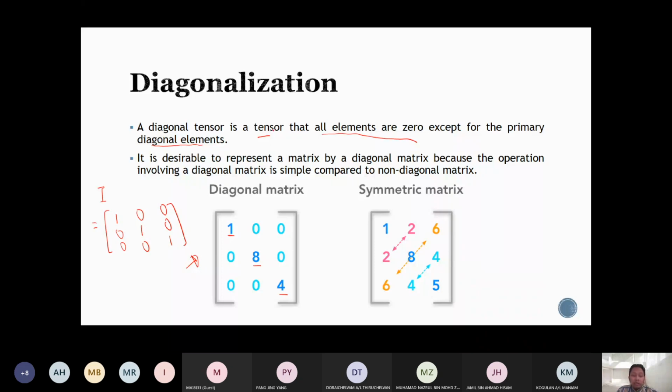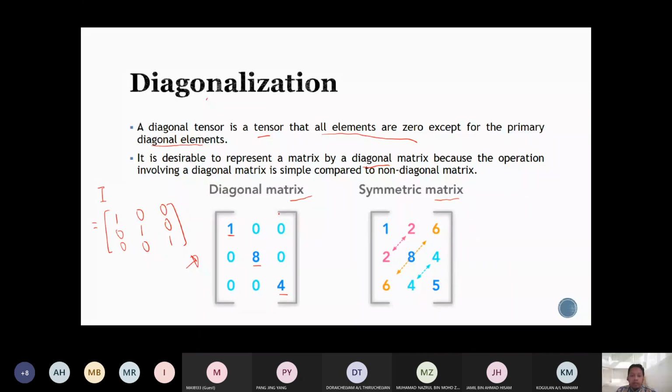Sometimes it is important to be able to diagonalize a matrix. It is desirable to represent a matrix by a diagonal matrix, because operations involving a diagonal matrix are much simpler compared to multiplying this symmetric matrix here.